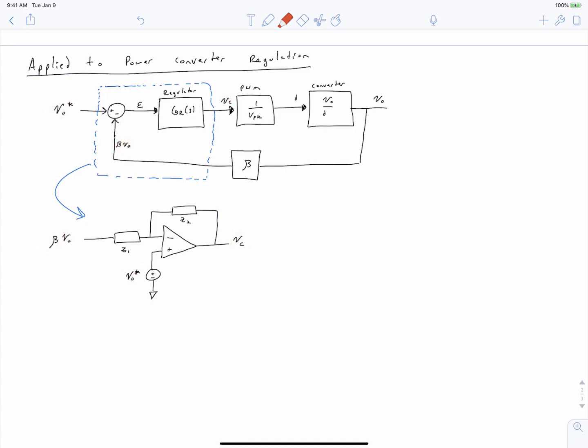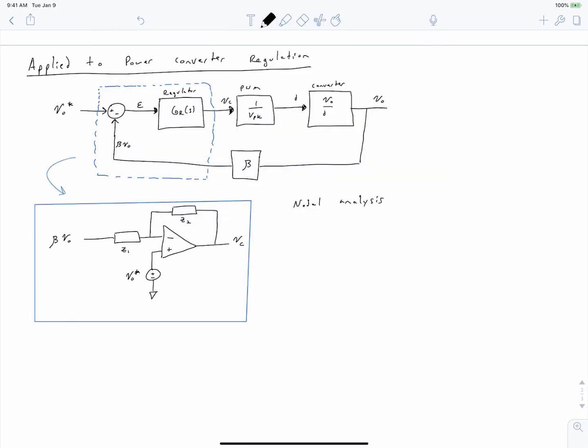To investigate how this works, let's go back to our nodal analysis. In this case, our negative and positive voltages, V minus and VP, are no longer equal to 0. I'm talking about the voltage at this node and the voltage at this node. They're no longer equal to 0 volts. Instead, they're now equal to V0 star. They're equal to our reference voltage.